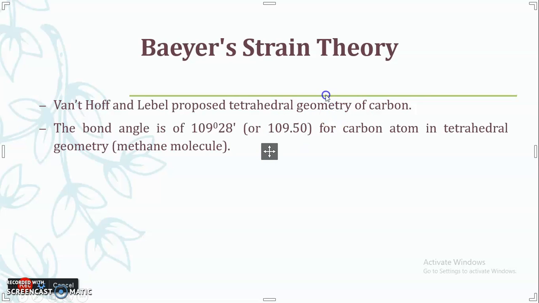So when carbon has tetrahedral geometry, the bond angle between hydrogen-carbon-hydrogen in the methane molecule is 109.28 degrees.